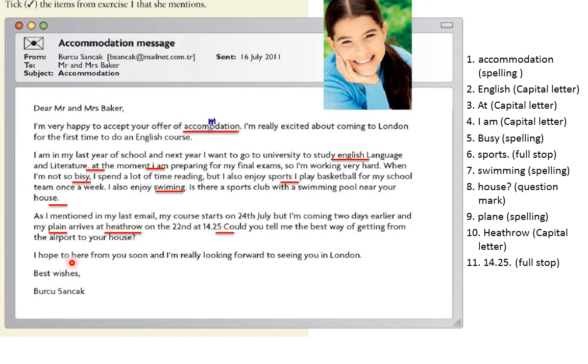So we should not use this here, but use this here. So we have a spelling mistake here. There are 12 mistakes. We managed to find them and also correct them. Well done.